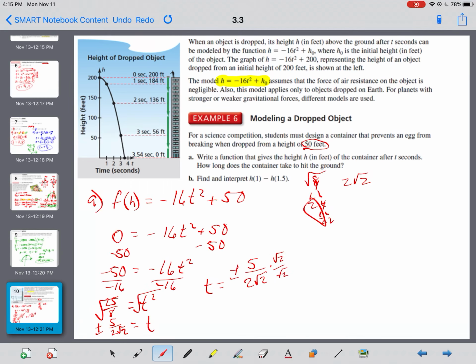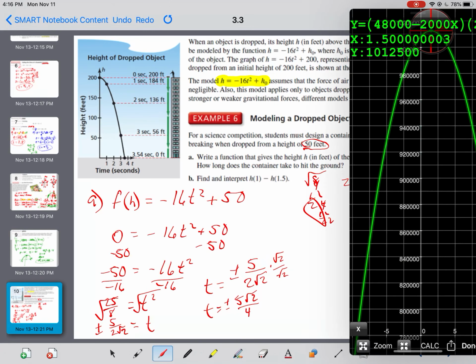We're going to multiply by this to rationalize the denominator. So 5 square roots of 2 over square root of 2 times 2 is 4. Now, that is not a very good answer for something that is an approximate seconds thing. 5 square roots of 2 divided by 4 seconds. Plus, we can't have negative seconds.